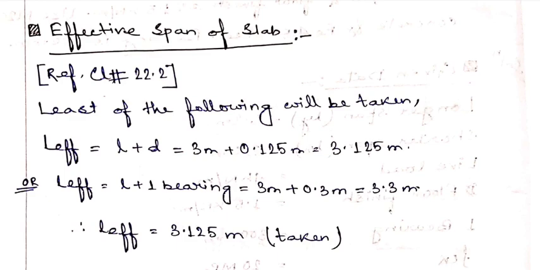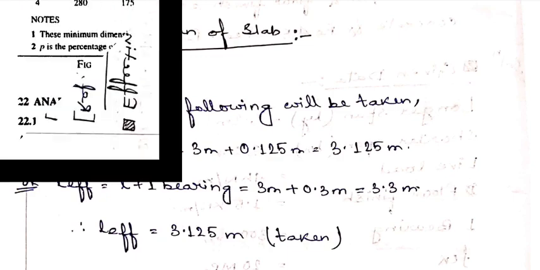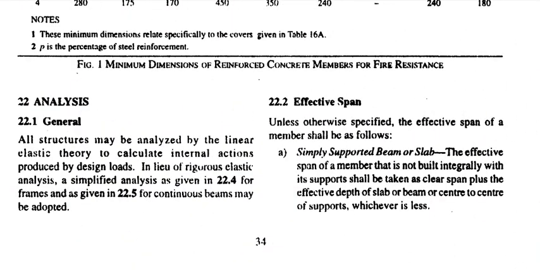Now let's check once the clause number 22.2, whatever I have written here, whether it is right or not. Let's check clause number 22.2 of IS 456 2000. So let's go to the code. Look here, clause number 22.2, effective span.